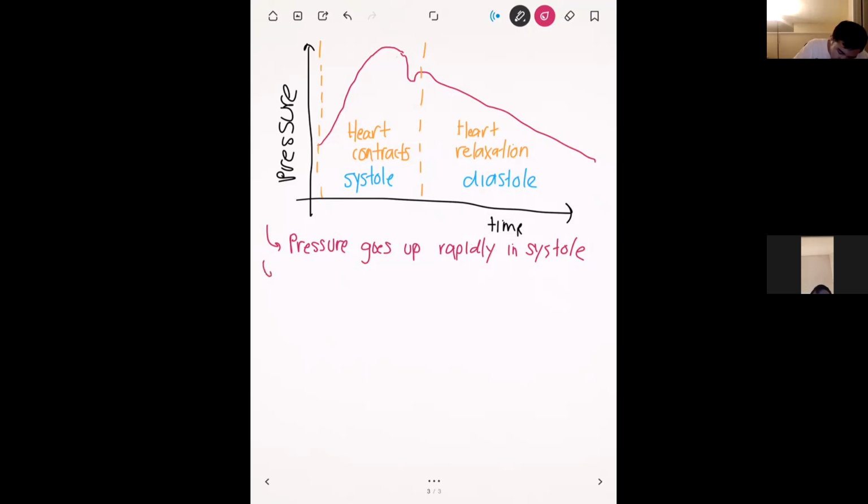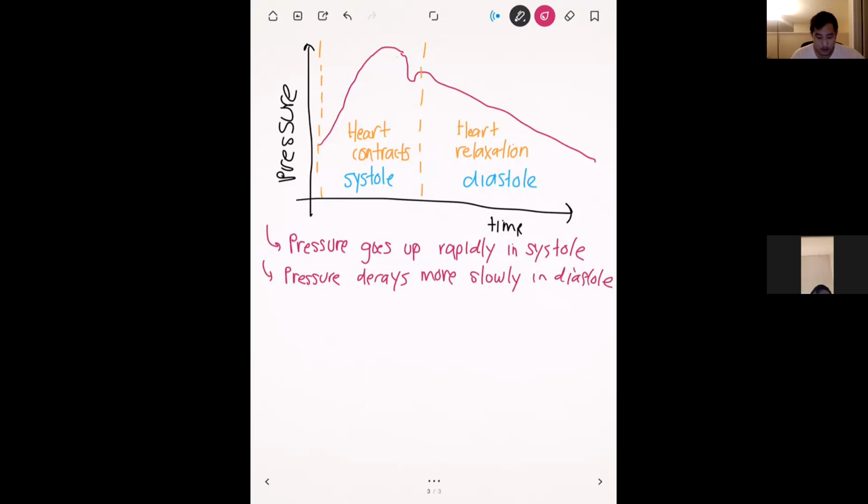Okay, so pressure decays more slowly. Okay, and that's on purpose.